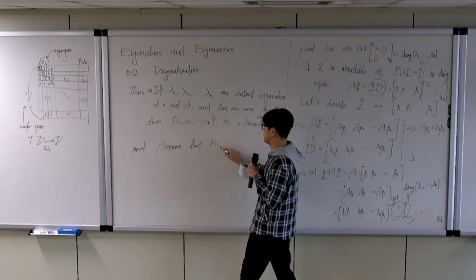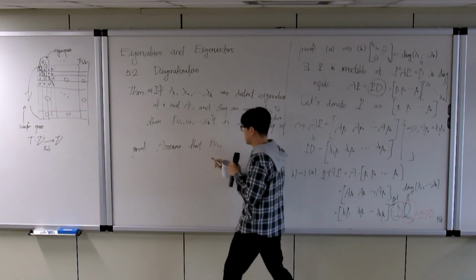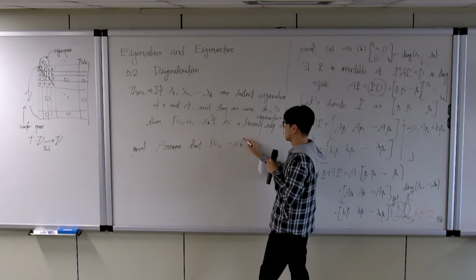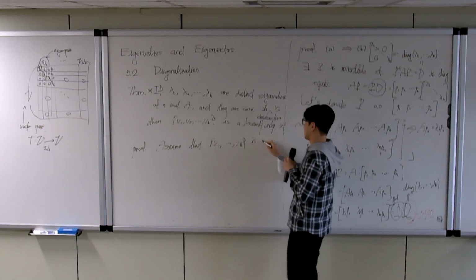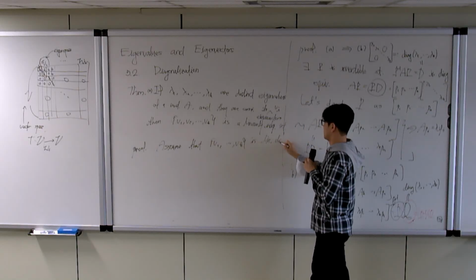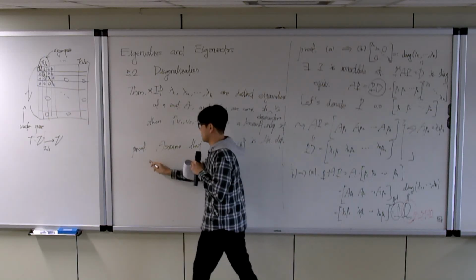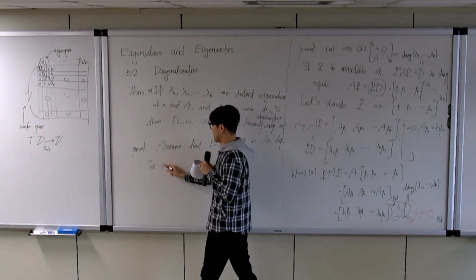So if we want v1 to vr to be linearly independent, then it will give coefficient information when you construct a linear combination of them.